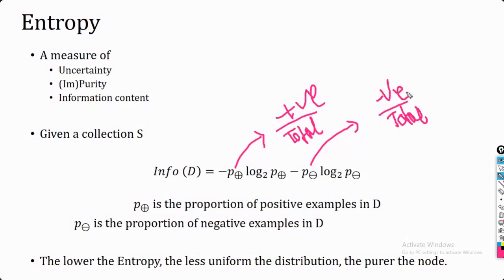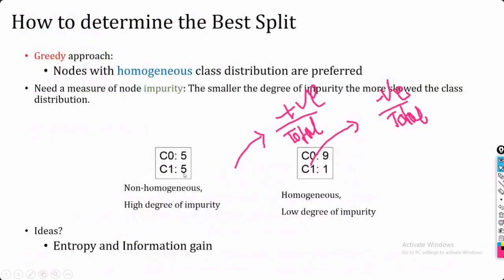This is the way we are calculating the entropy. The lower the entropy is, the better node we have created. Like in the previous case, this is a more impure division compared to this one. Here your division is quite skewed toward one class, so that's why it's a more pure division, and this is your impure division.